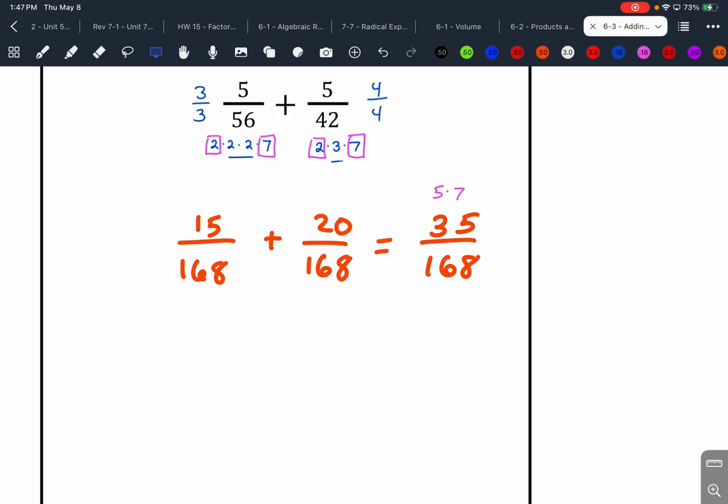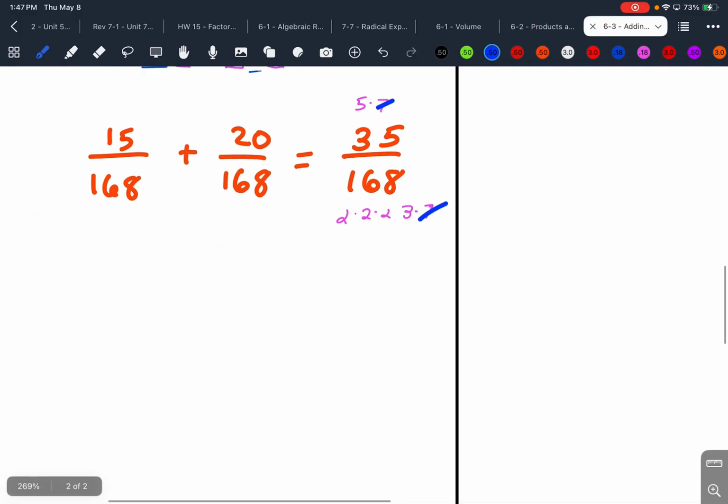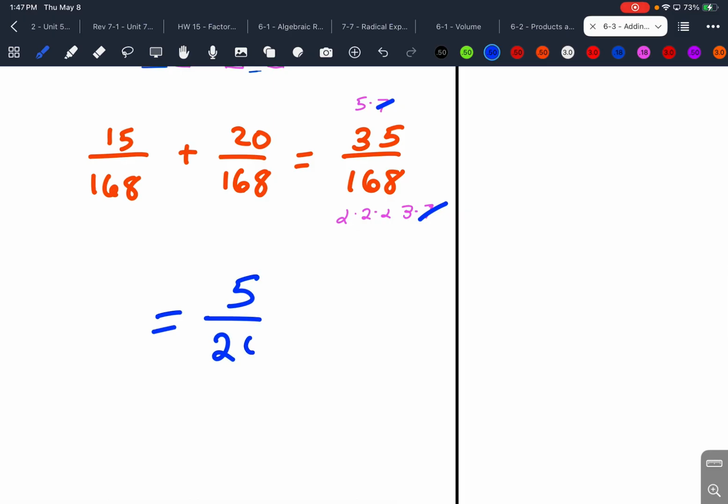So this is 2 times 2 times 2 times 3 times 7. And so what we can do is factor this out by getting rid of the 7 they have in common, and we'll be left with 5 over 222 is 8 times 3 is 24.